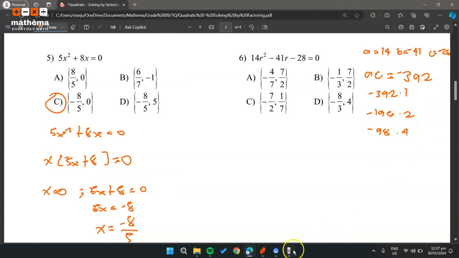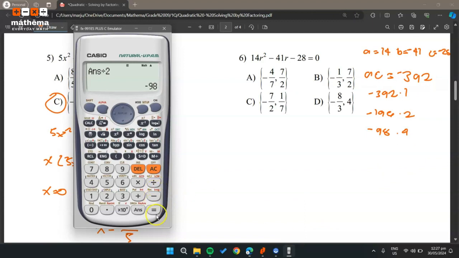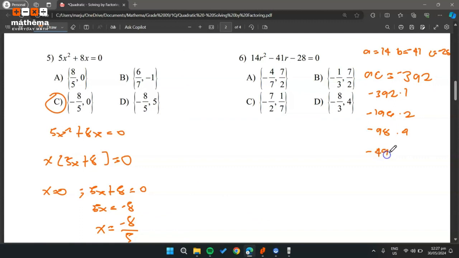And then divided by 2 again. That gives us negative 49. Negative 49 times 8. Now, negative 49 times 8 is negative 392. And also, negative 49 plus 8 is negative 41. So these are the factors that we are looking for.